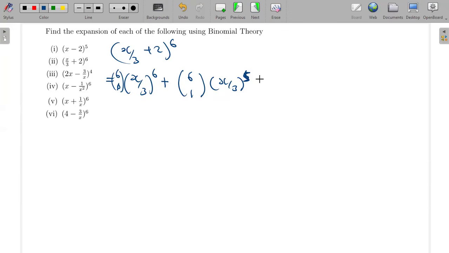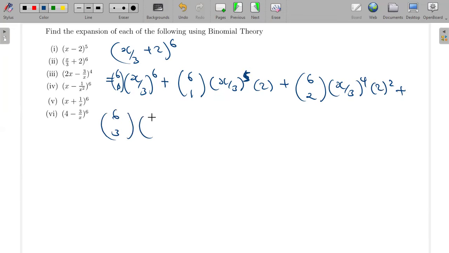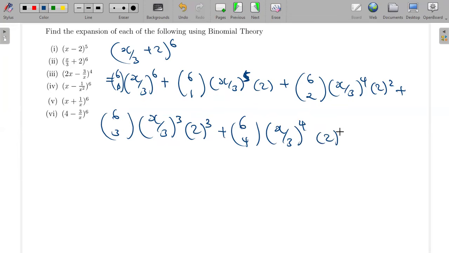So the power 5, and then you have 2 to the power 1, then plus you have 6 choose 2, and then you have x over 3 to the power of 4, then 2 to the power of 2, plus then you have 6 choose 3, and then you have x over 3 to the power of, that reduces to 3, and then 2 to the power of 3, then plus, that is 6 choose 4, and you're going to have x over 3 to the power of 4, then you have 2 to the power of, oh, this here is reducing and not increasing.